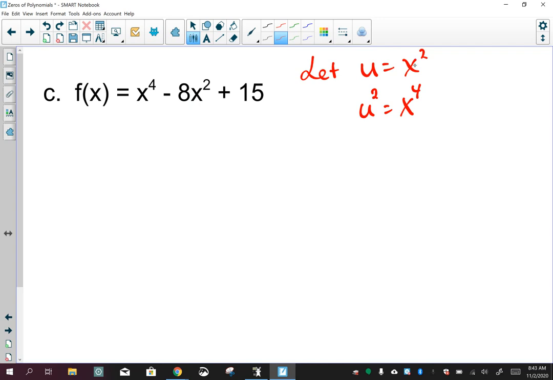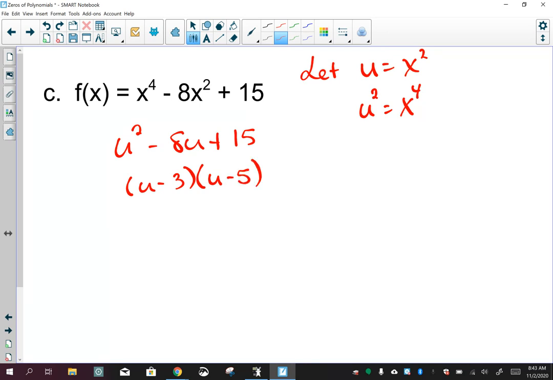So now what I'm really looking at is u squared minus 8u plus 15. This is now a quadratic equation, and this is something that you know how to do. So we just factor this like you normally would a quadratic equation. Factors of 15 that add to give you a negative 8: that would be u minus 3 and u minus 5.